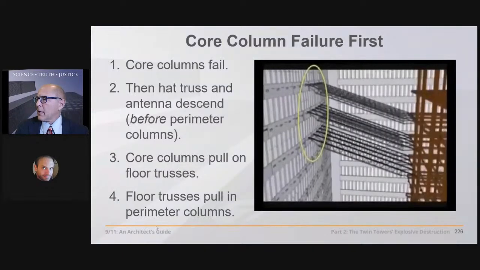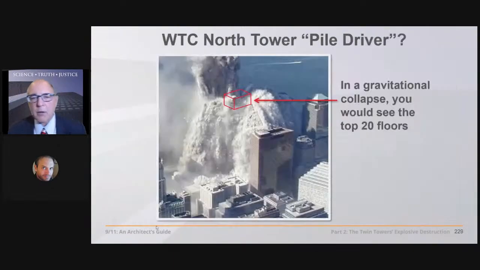It's not playing well, but you can see how if the core columns are failing below the point of jet plane impacts or at the point of jet plane impacts, it's going to pull on those trusses, which then pull on the perimeter columns. I'll make a note to fix this video for you for next time. Figure out what's going on there.